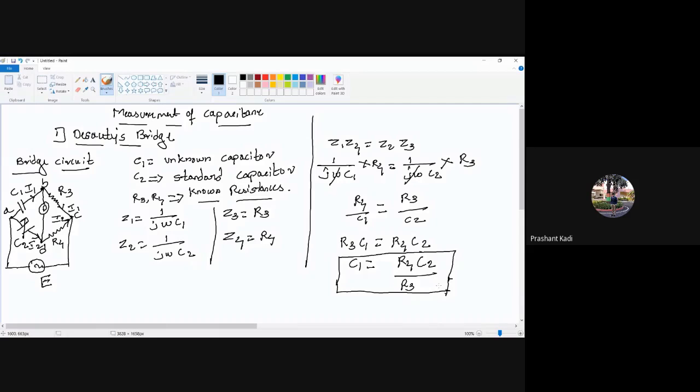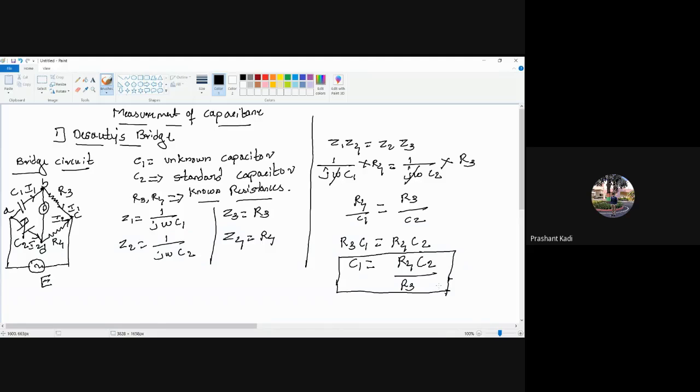So we completed 3 bridges now, right? Maxwell inductance bridge, Maxwell inductance capacitance bridge. These two are used for measurement of inductance. Still some more bridges are there for measurement of inductance. Measurement of capacitance is by de Sauty's bridge.